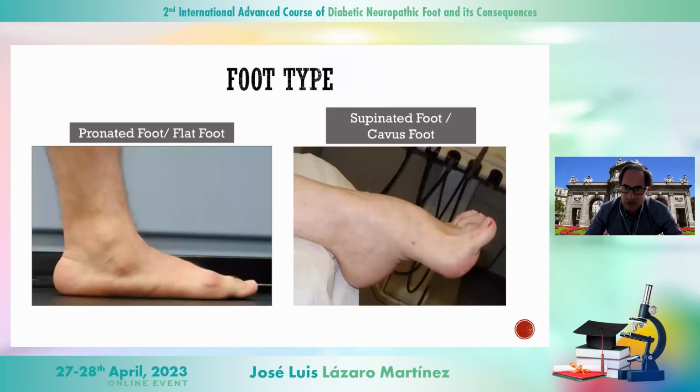But what is the problem with this deformity? Probably you have in mind that the neuropathic diabetic foot is this kind of foot, the callus foot. And there are some publications, even coming from very prestigious people like Professor Bolton, that associate this callus foot with the neuropathic foot. But what happens in reality?